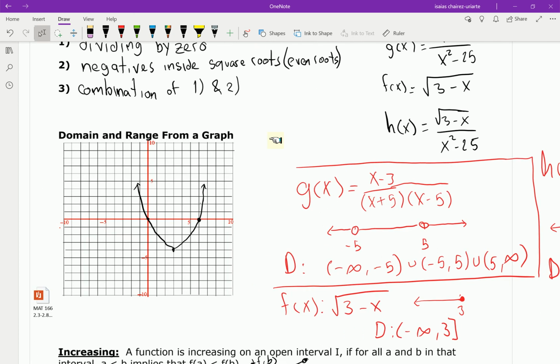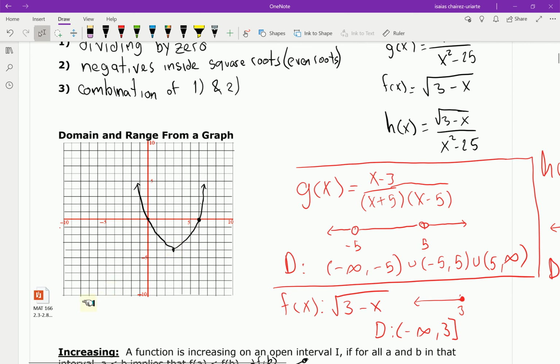If you're given a graph and asked to find the domain and the range, things are a little bit easier. So let's look at this little graph here. It's a parabola. It's got its vertex at the point 3, negative 4 down here. And I want to find the domain and the range for this parabola.